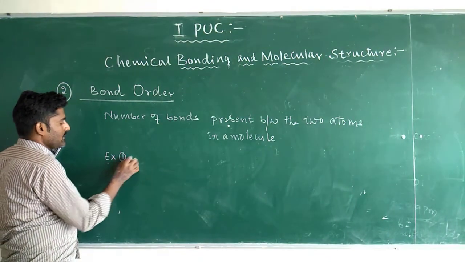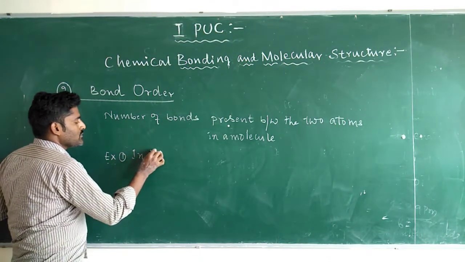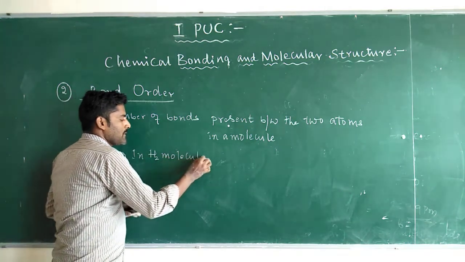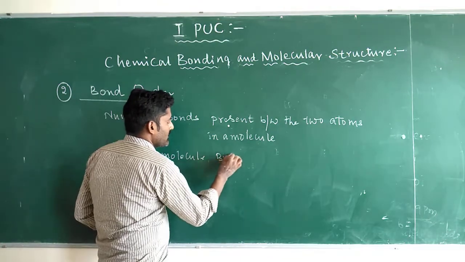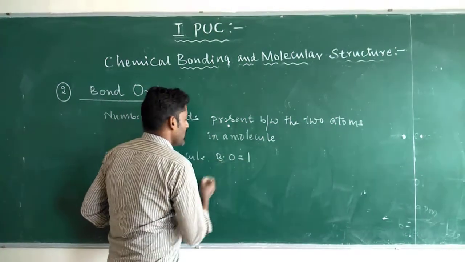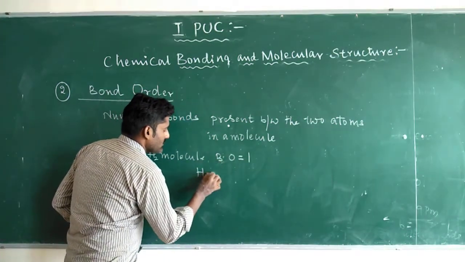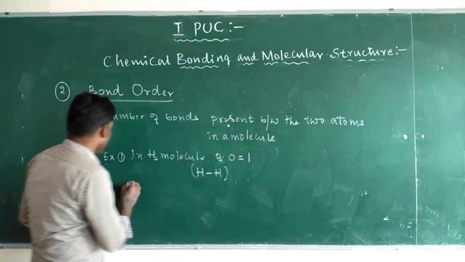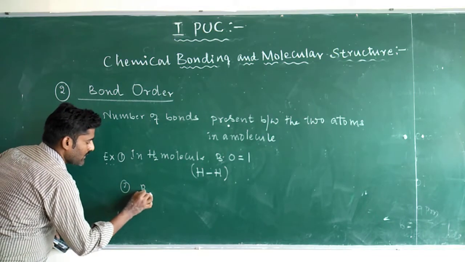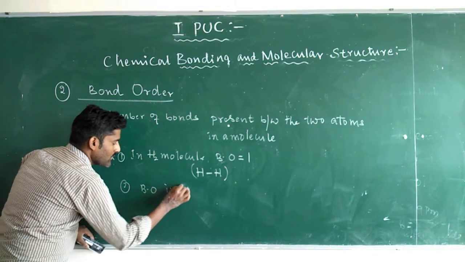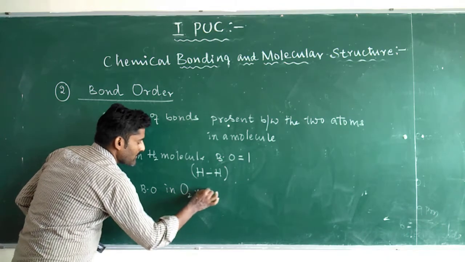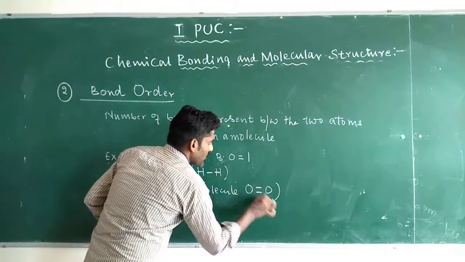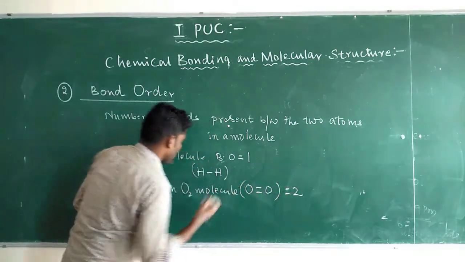Example: bond order in H2 molecule is equal to 1, so that is H bond H. Next, bond order in O2 molecule, O double bond O, is equal to 2.